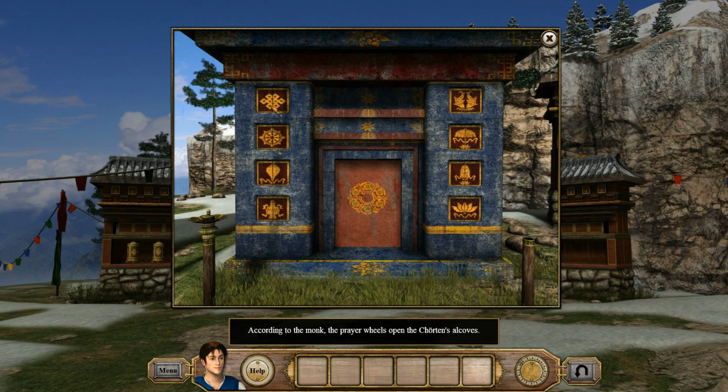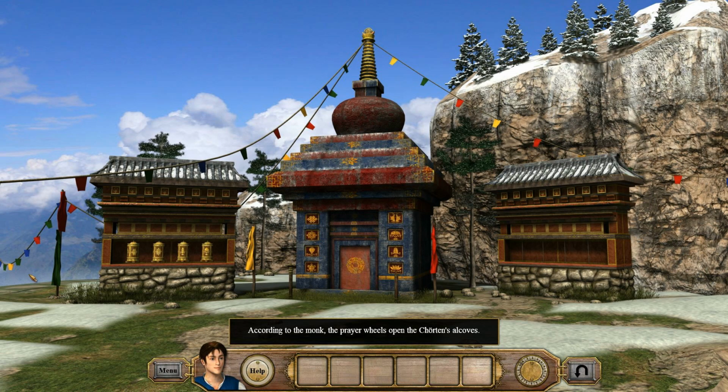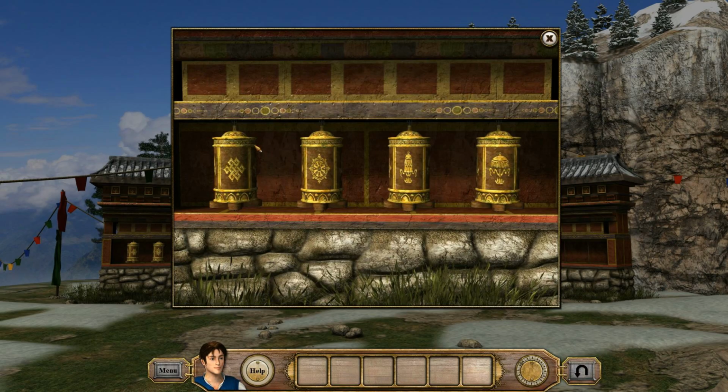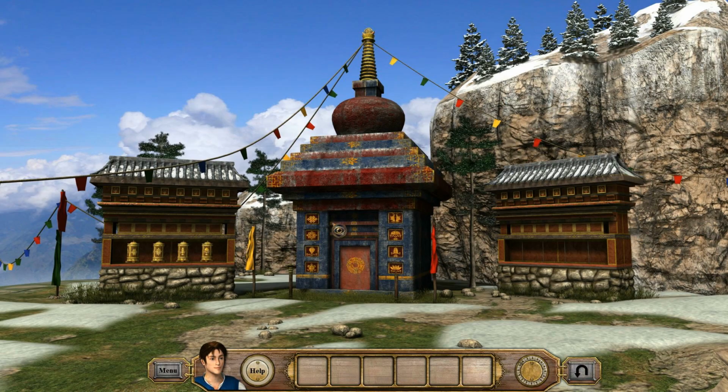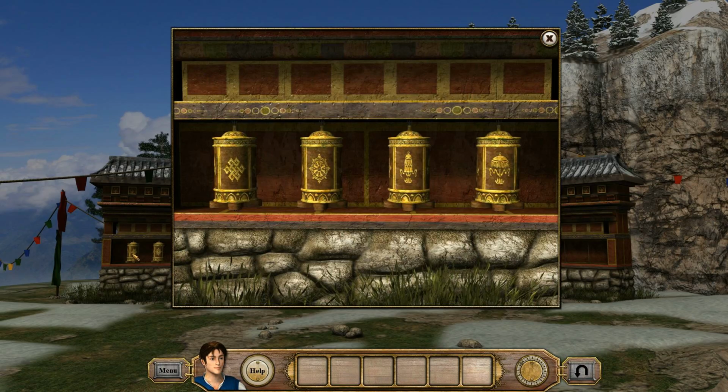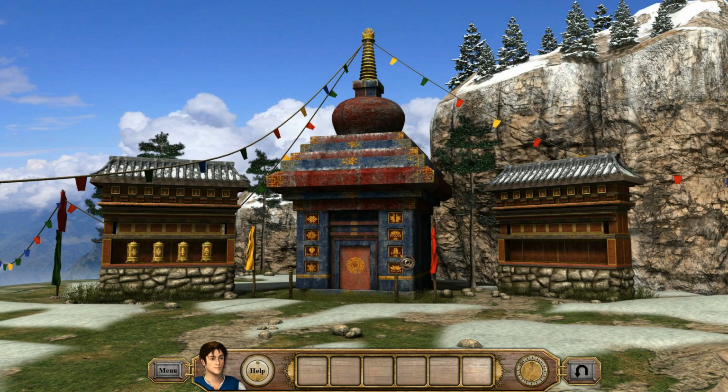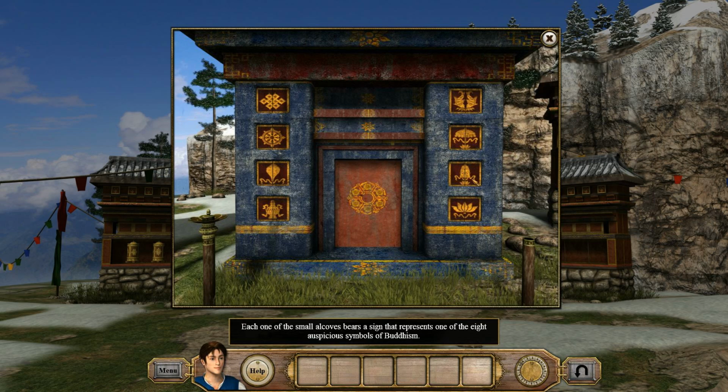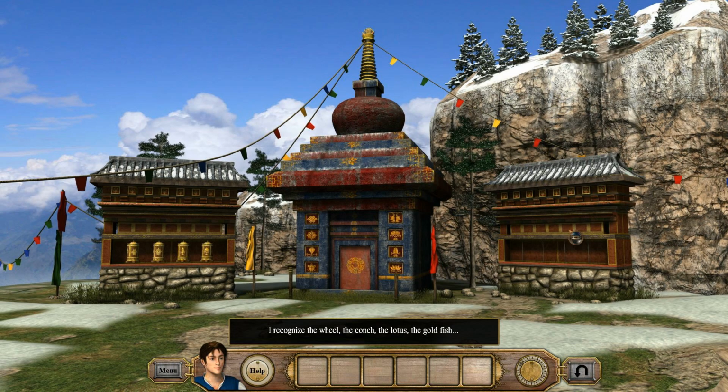Alright. According to the monk, the prayer wheels open the archives. Each one of the small archives bears a symbol, yes. According to the monk, yes, I know. But these are the... Oh, so these are... I've obviously not paired these up correctly to how they work on here. I don't know what to do over here either.